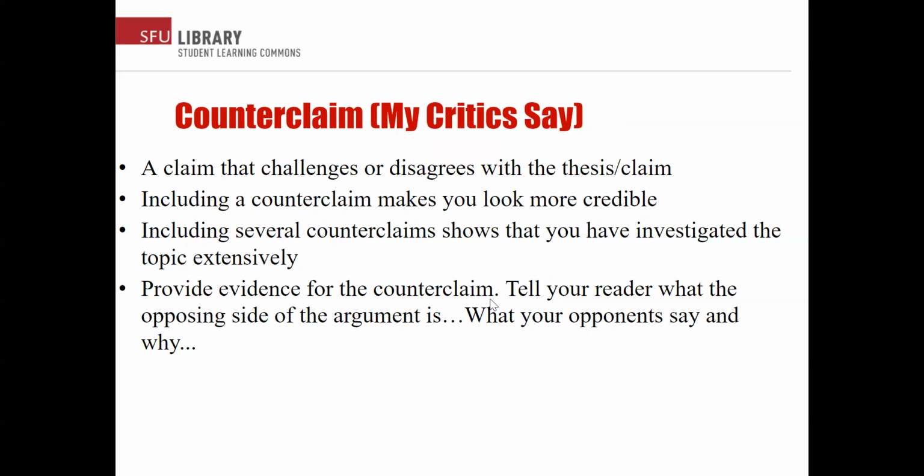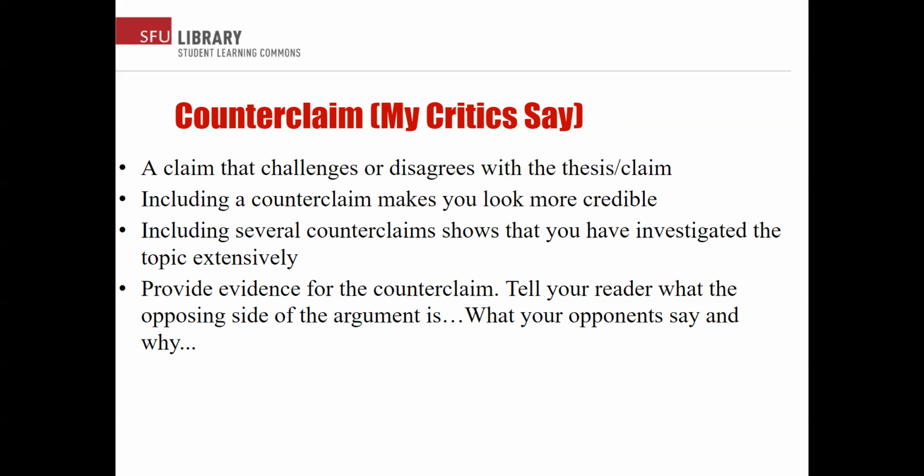Counterclaim, my critics say. This is the third part. In a good argumentative essay, in addition to expressing your position and argument, you should also consider possible opposing views to your argument. Refer to what your opponents say. That's why we call it my critics say, and why they may disagree with your argument.